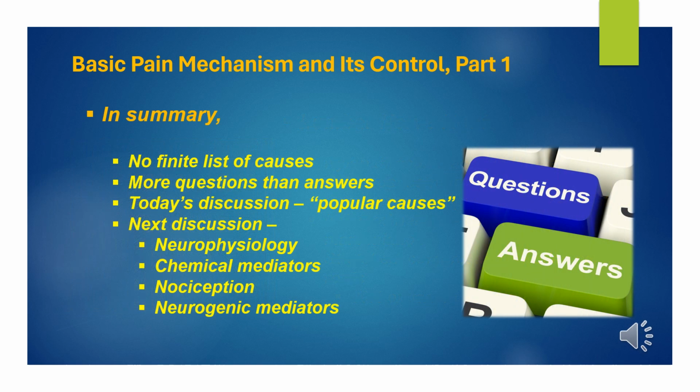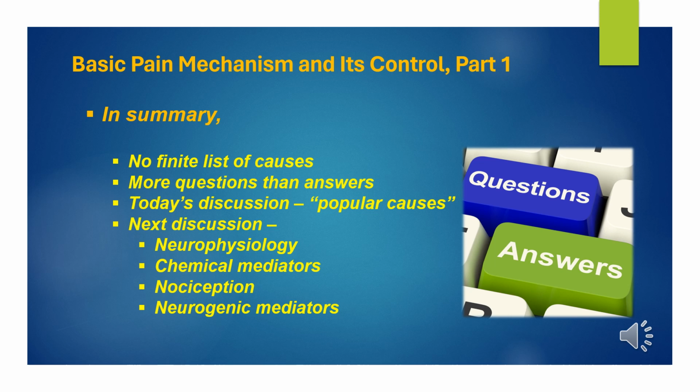In summary, in this part one of our two-part series, we began our discussion on the causes of lower back pain, and we touched on several of the possible causes. But as you can see, there's not a real finite list of causes for this debilitating condition. In fact, even the latest research leaves us with more questions than answers on the cause of lower back pain.